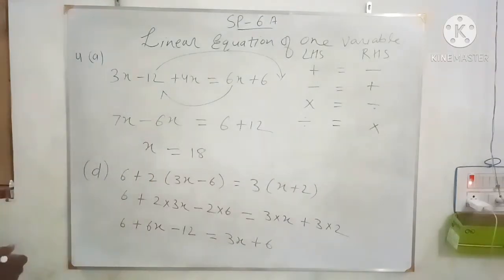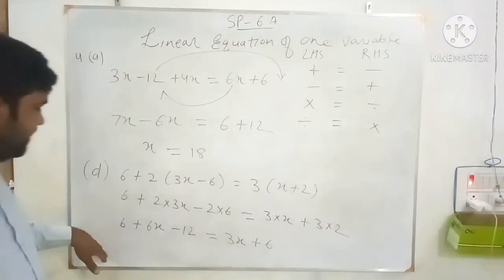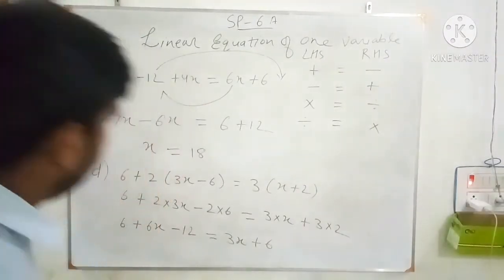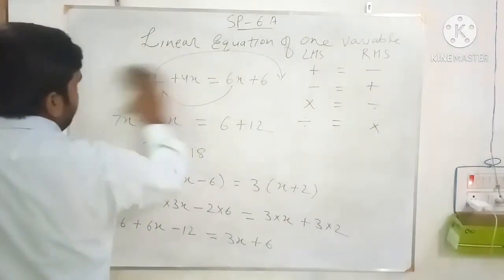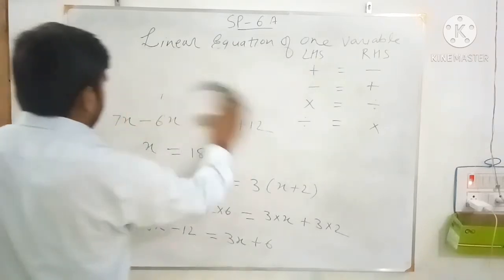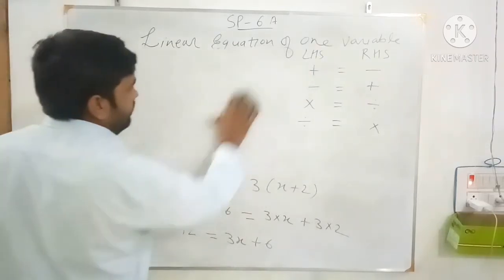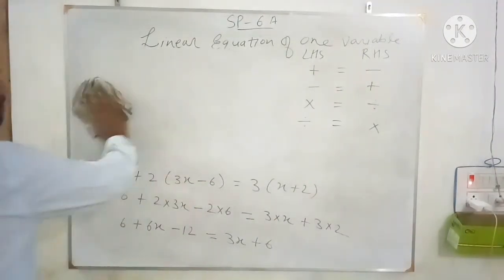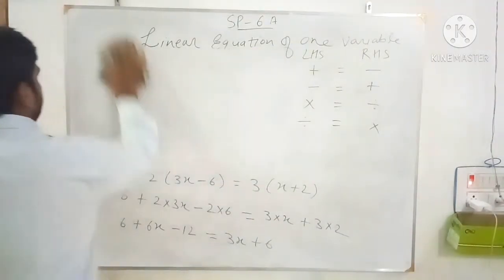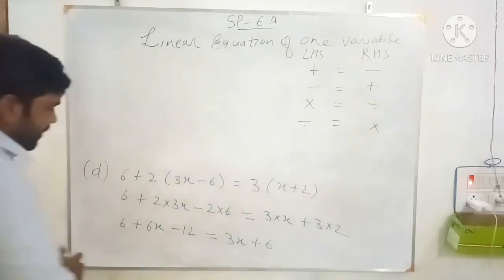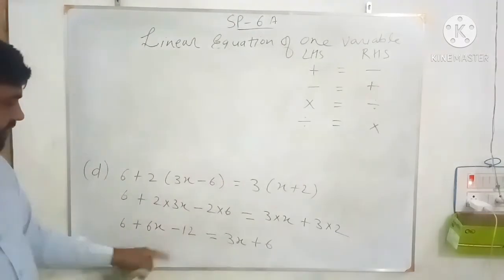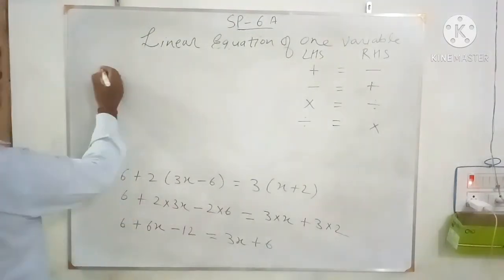Now we bring all the variables to the left hand side and all the constants to the right hand side. Now see what will be the result when we do this arrangement. After doing this arrangement, 3x I will transfer to the left hand side, so it will become minus 3x.